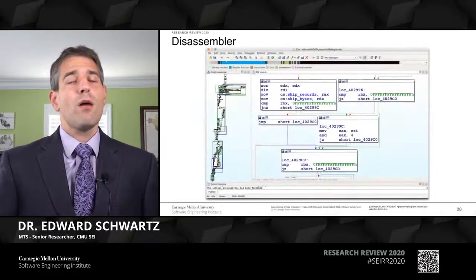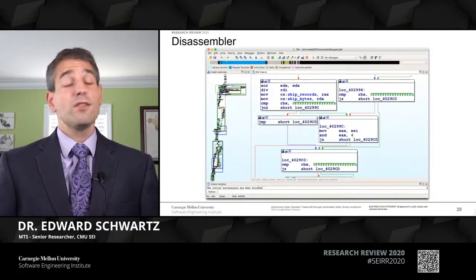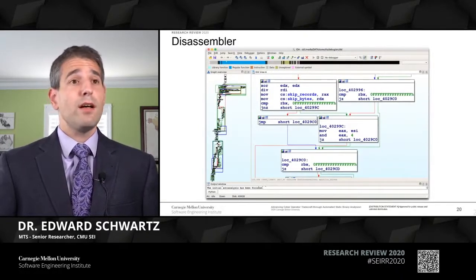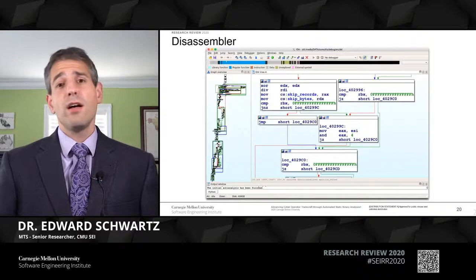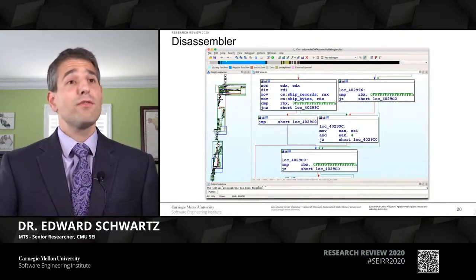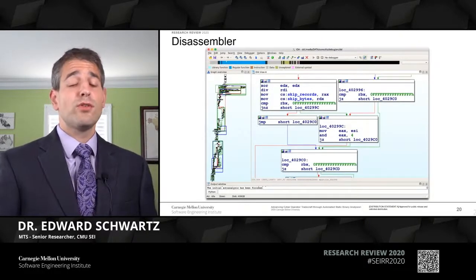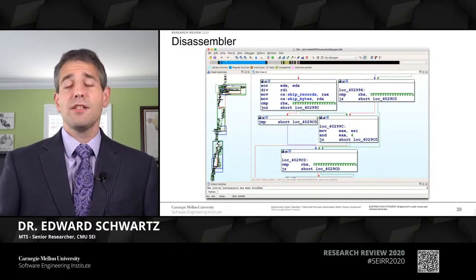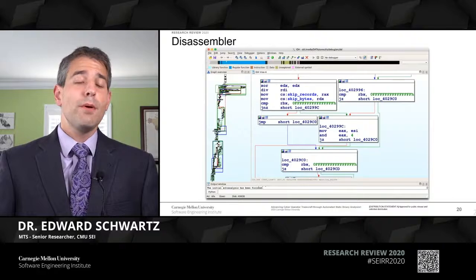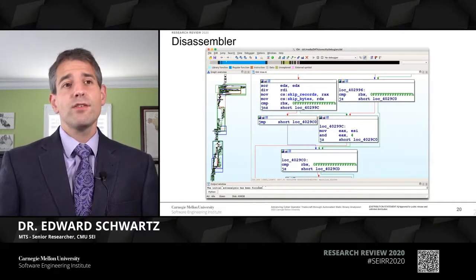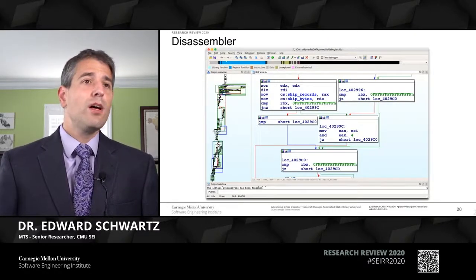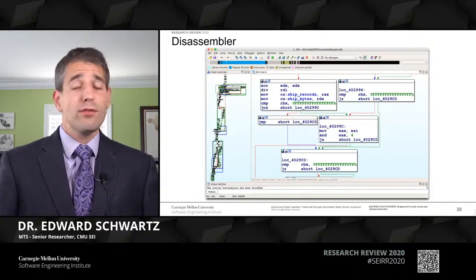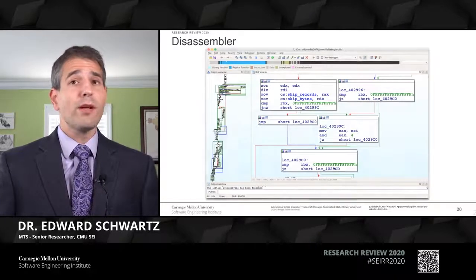Now there are also more sophisticated disassemblers that make things quite a bit easier to analyze. They can be interactive, and they can have graphical interfaces that show you the control flow and the data flow in the program. And all of these things make it easier to analyze the program. But at the end of the day, the reverse engineer is still reading assembly code, which is not always easy, even for people that are very familiar with it.